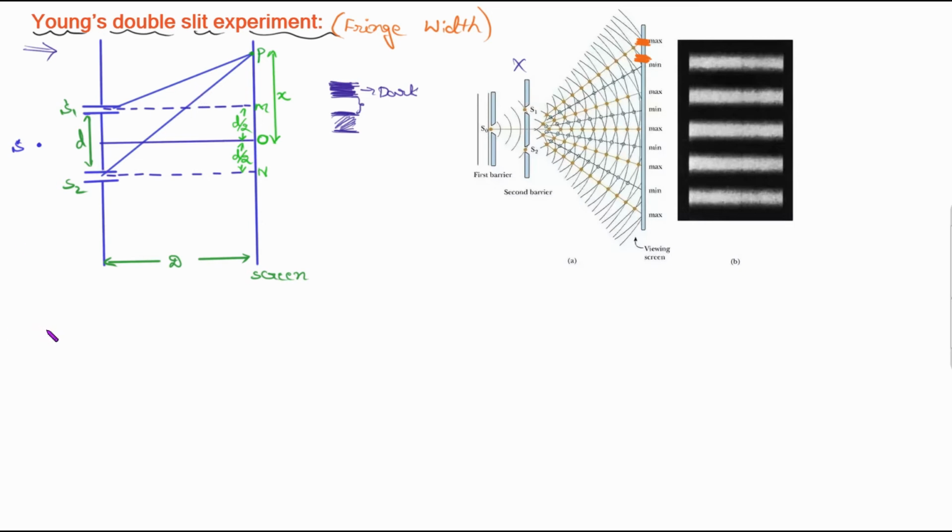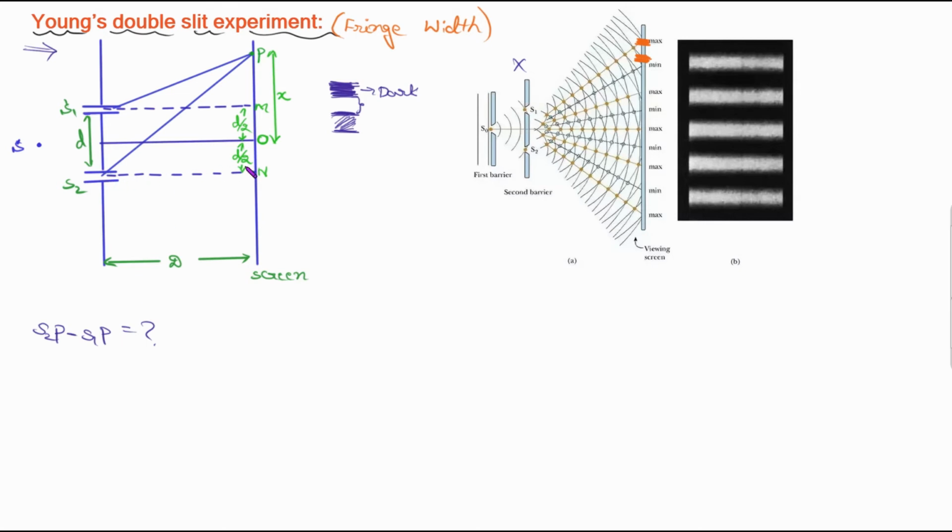That means you need to calculate S2P minus S1P value. You need to calculate the value of S2P minus S1P. Fine. So to find out S2P minus S1P, first calculate S2P and S1P individually.